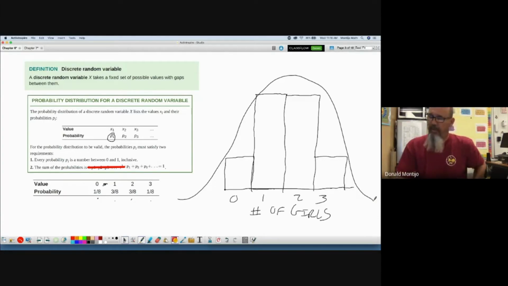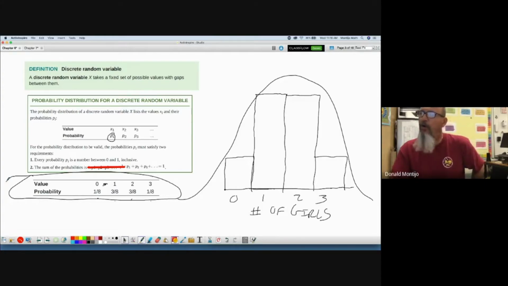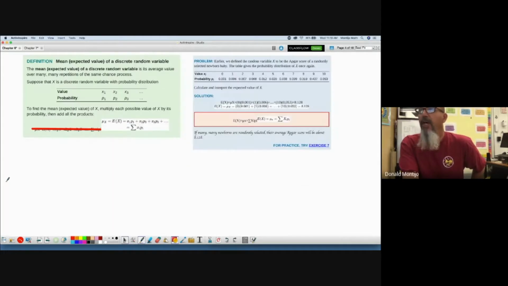Looking at the histogram that corresponds to this probability distribution of having girls out of 3 children, you can see from my histogram what it looks like. Well, how do I actually calculate the mean of a discrete random variable? They've put some formulas together for us here, which look very scary and confusing, but once we dive into it, you're going to see that it's really not all that bad.